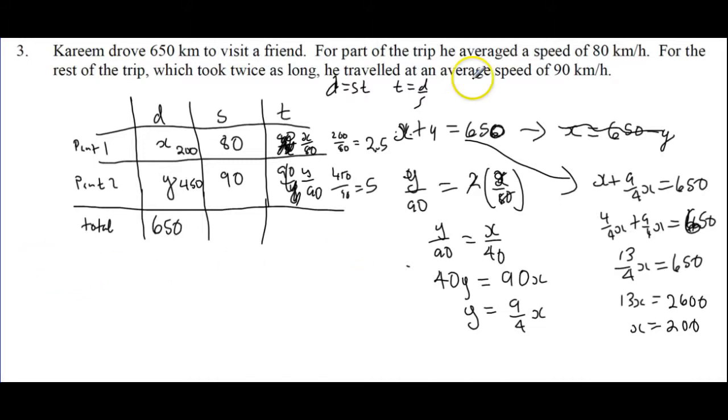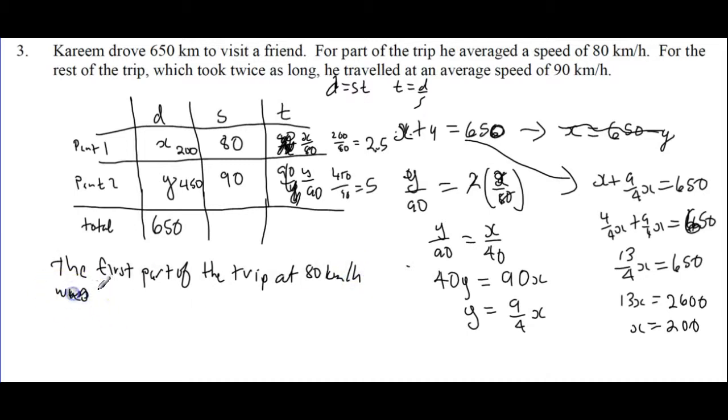And that kind of ends our more word problems, right? But I guess all those didn't ask anything but the first part of the trip. The first part of the trip, at 80 kilometers per hour, was 200 kilometers and took 2.5 hours.